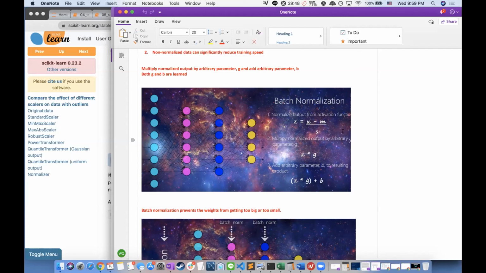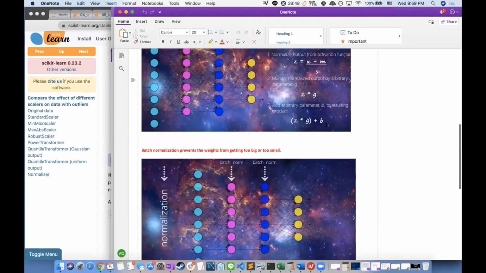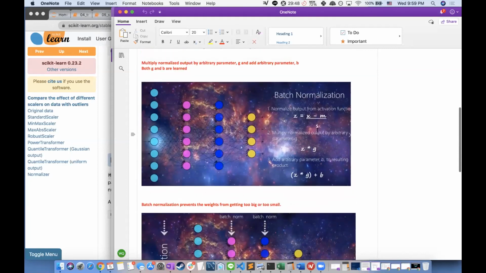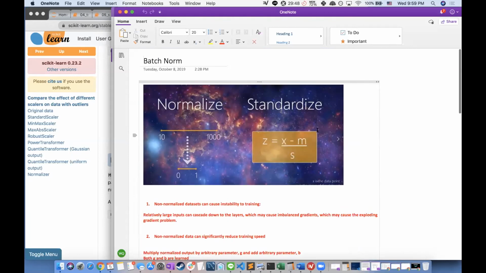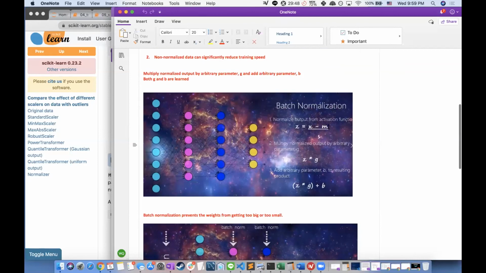Then after that, you apply the activation function. Well, actually, you do that after the activation function. Sorry. So, as it says here, yeah.